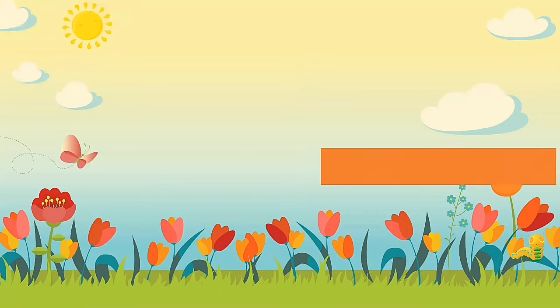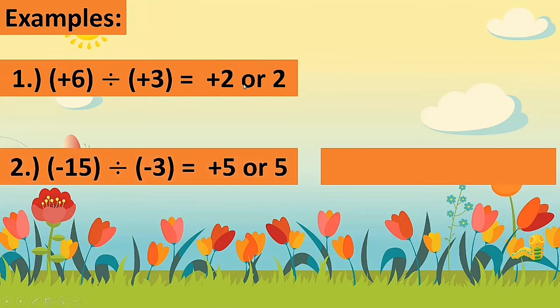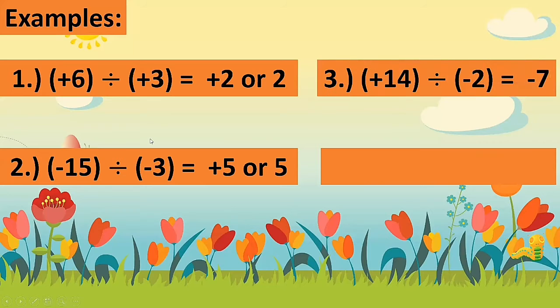Now, let's proceed to division. We have positive 6 divided by positive 3 is equal to positive 2 because 6 divided by 3 is equal to 2. And then we have number 2, negative 15 divided by negative 3 is equal to positive 5, or just simply 5.